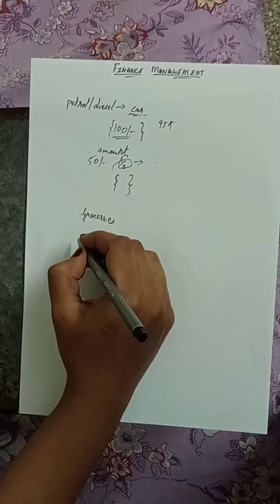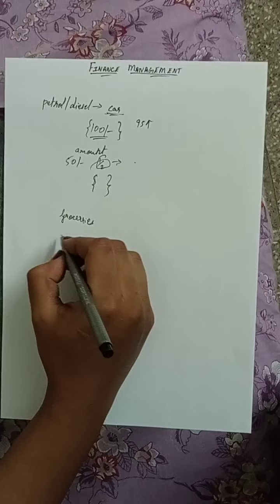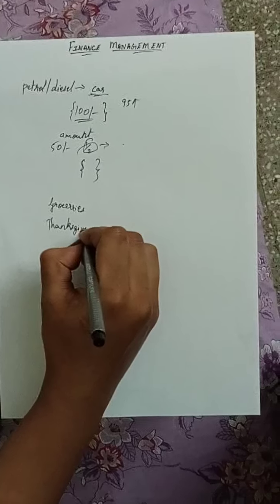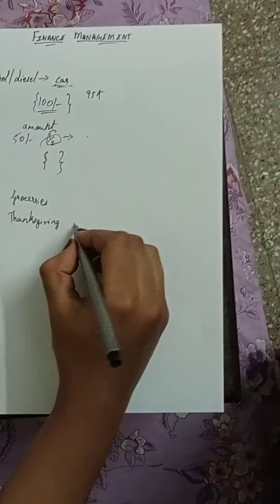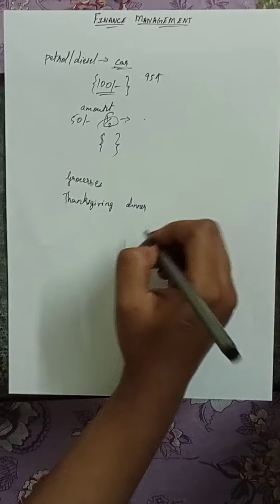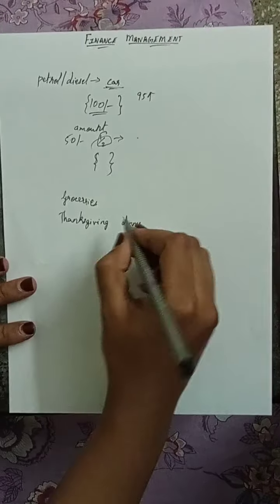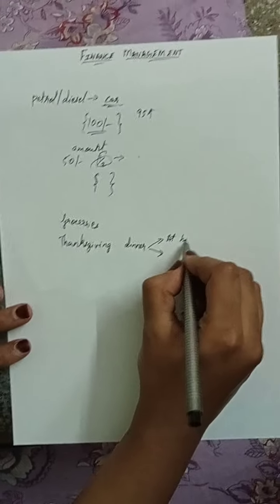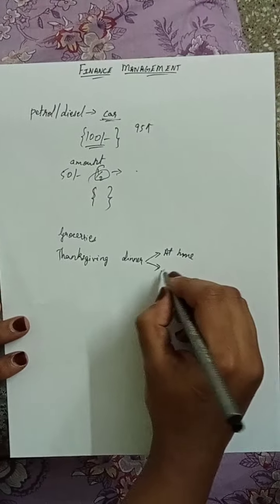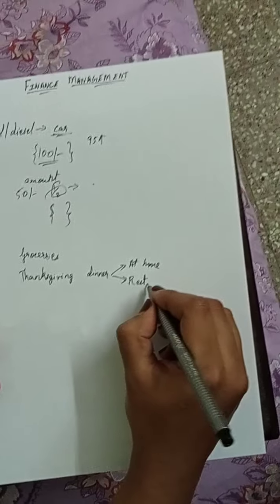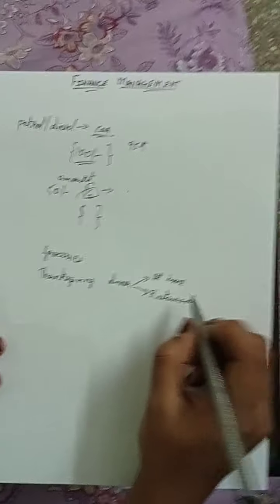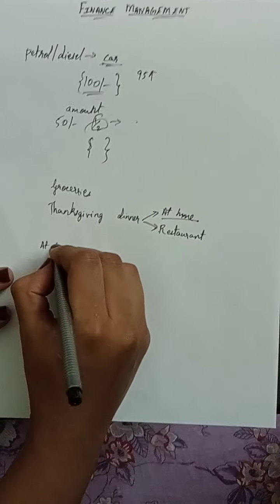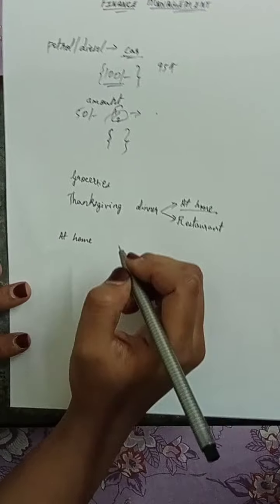So now just let me take an example of Thanksgiving dinner. So now if the dinner is arranged, there are two possibilities. Either the dinner will be arranged at home or it will be arranged at restaurant. So now if it is arranged at home, what are the prices that will be going on?